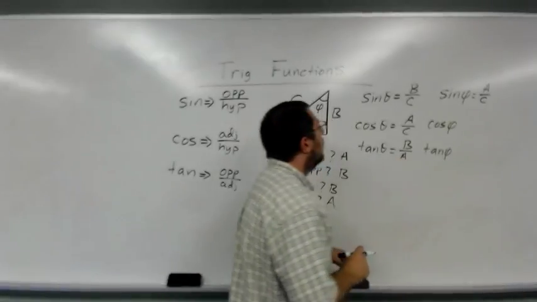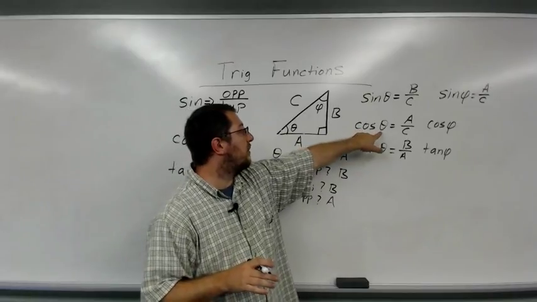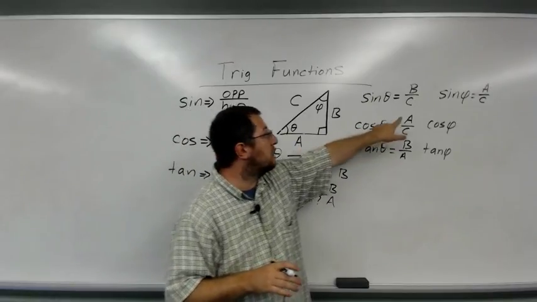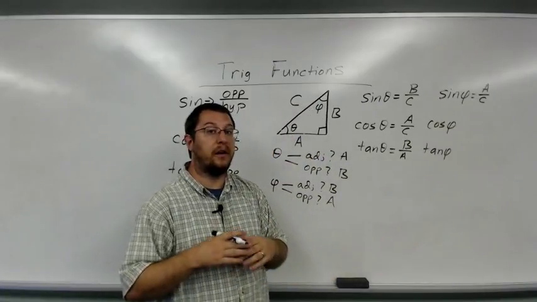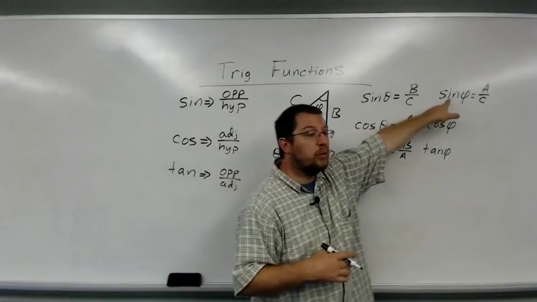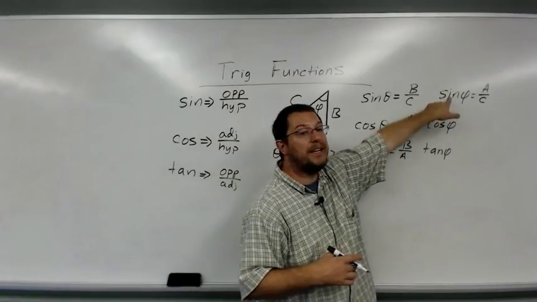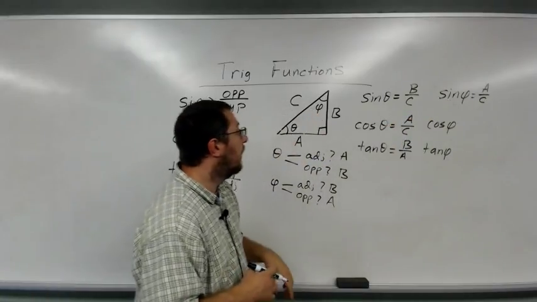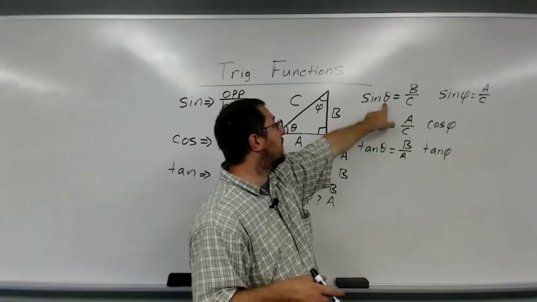Okay, now notice something. In a right triangle, the cosine of one angle is going to be equal to the sine of the other angle, the non-right angles. So the cosine of theta is going to equal the sine of phi, right? And we'll see the same thing with the cosine and the sine.